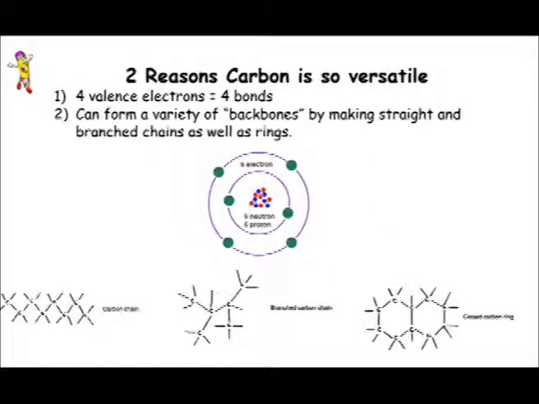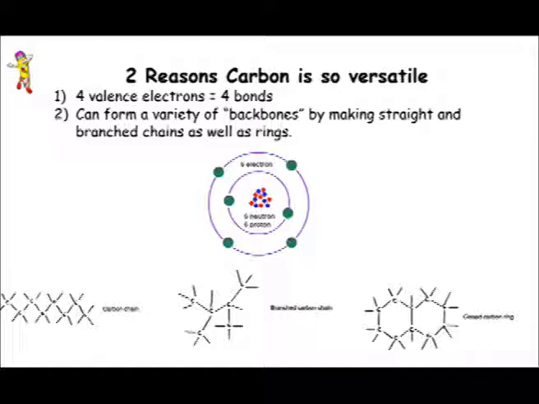And there's a couple of reasons for that. Realistically, carbon is so versatile because, number one, it can make 4 bonds. So it's situated right there in the sweet spot as far as having a lot of partners that it can make, a lot of bonds it can form. And it can create straight chains, branch chains, and rings.